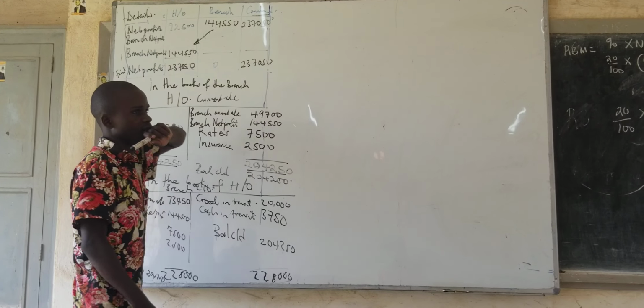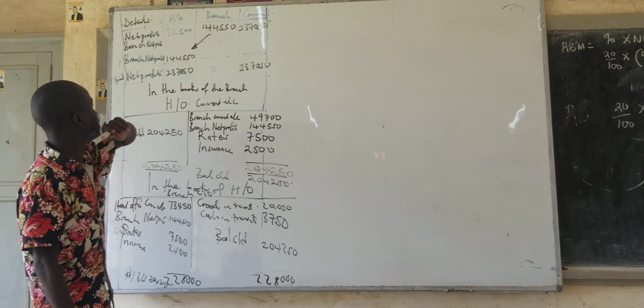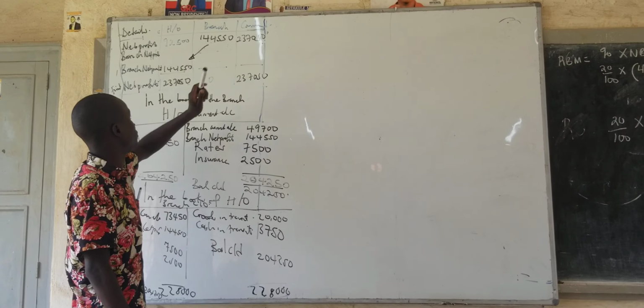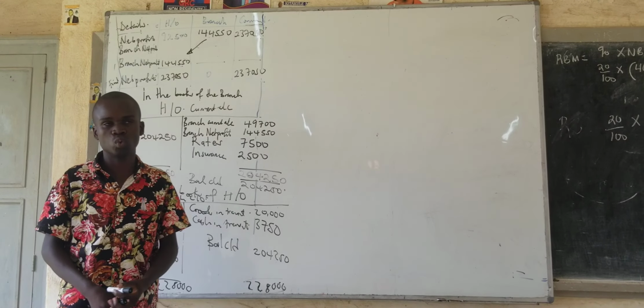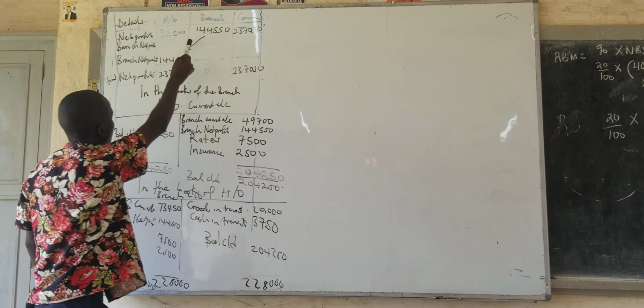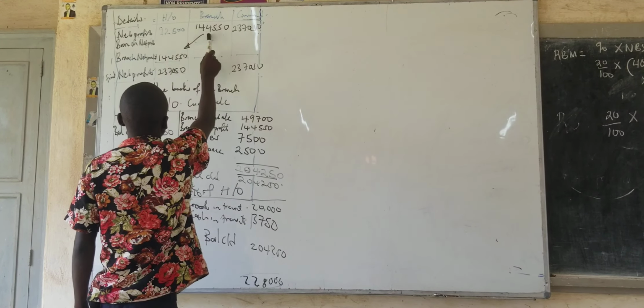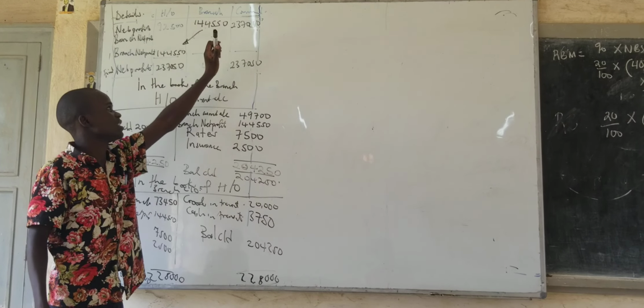The branch at the end of the year is supposed to transfer its net profit to the head office. That's why these are the net profit reported at the end of the year, for the head office, the branch, and the combined.